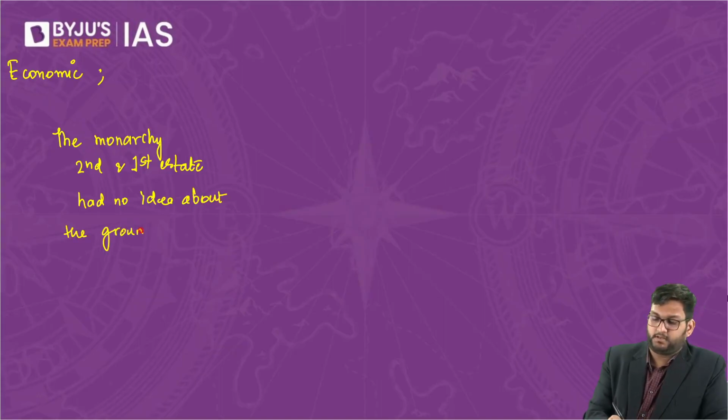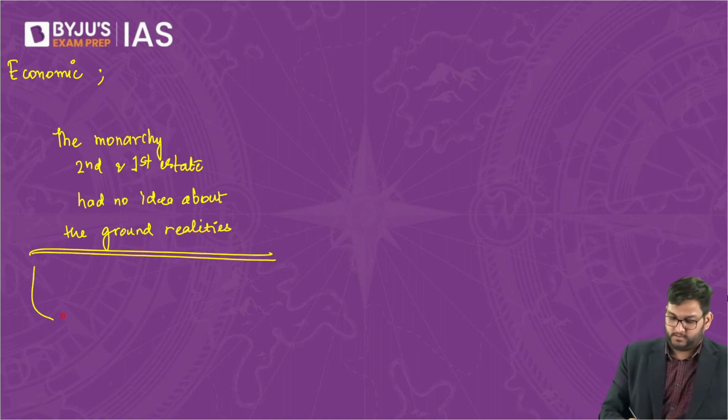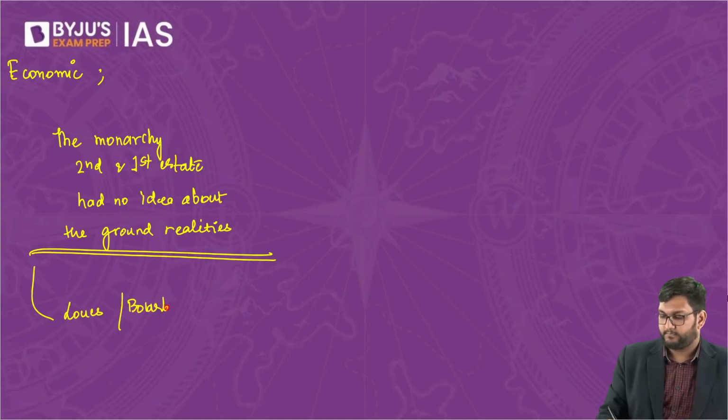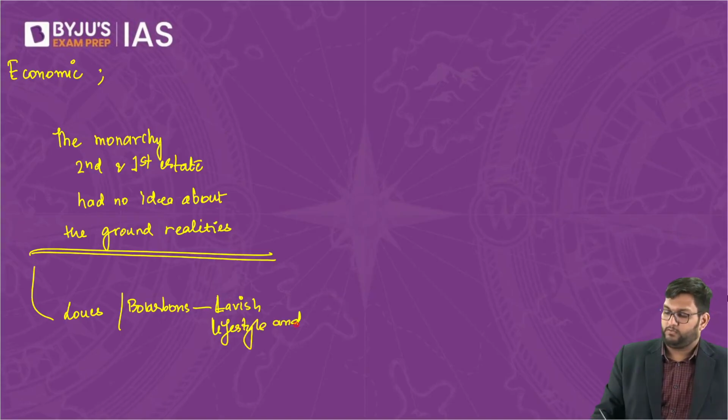Economic. Now, economically, the monarchy, the second and first estate had no idea about the ground realities. And the Louis, or the Bourbons, had a lavish lifestyle and overspending.